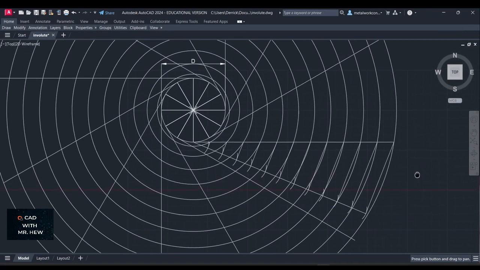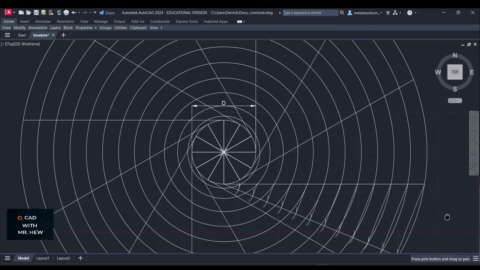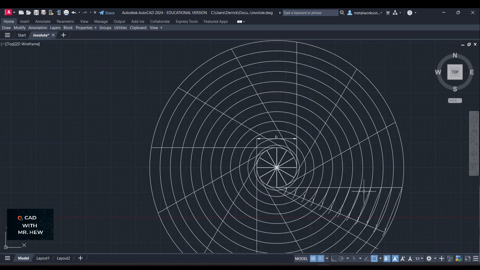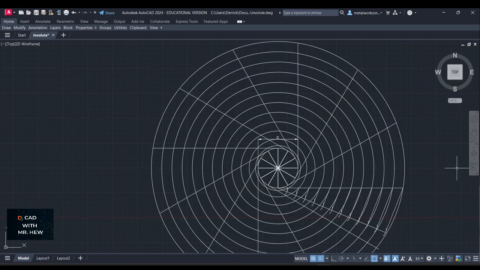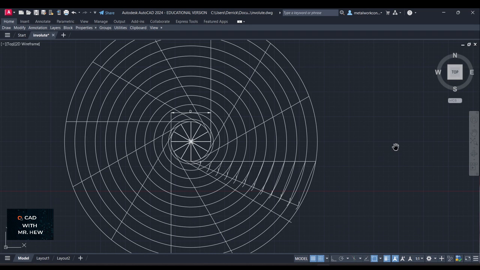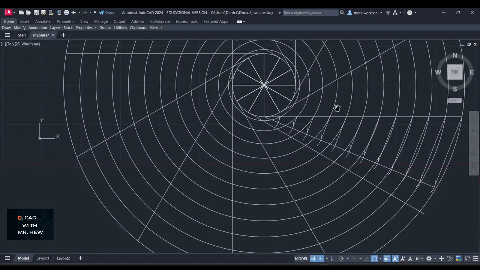So let me plot the points for you, and the first point would be right there, okay?